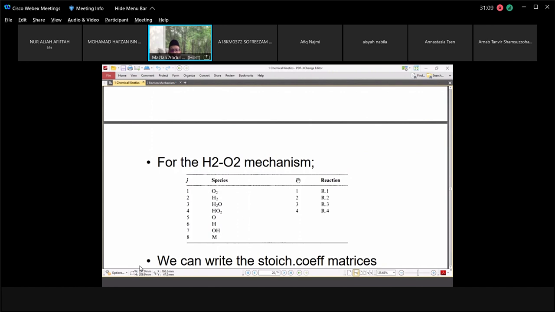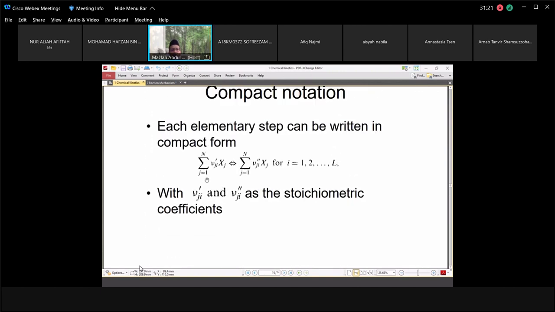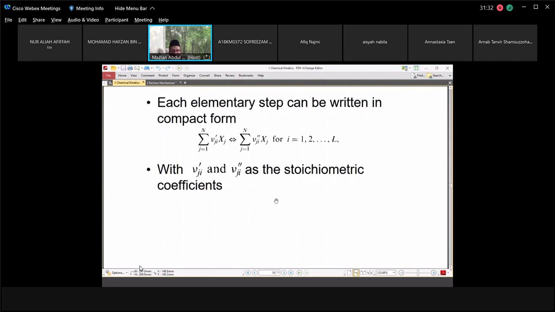We have 4 reactions, reaction 1, reaction 2, reaction 3, reaction 4, and J for the species. How many? 8, 1, 2, 3, 4 until 8. So J is 8, and I is 4. This is the stoichiometric coefficient for reactant and product.